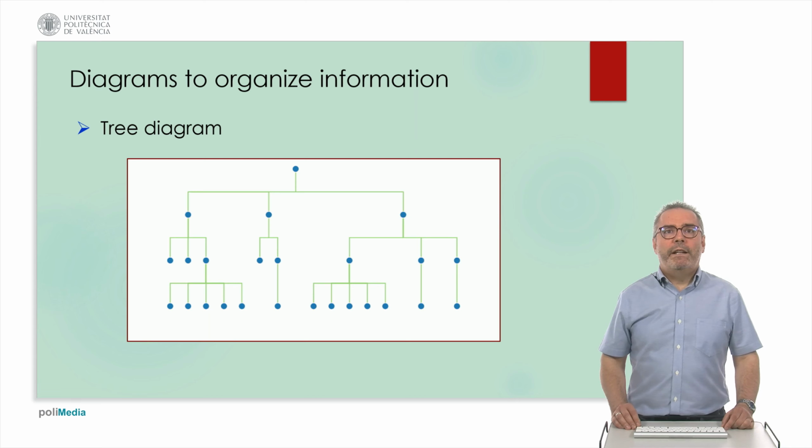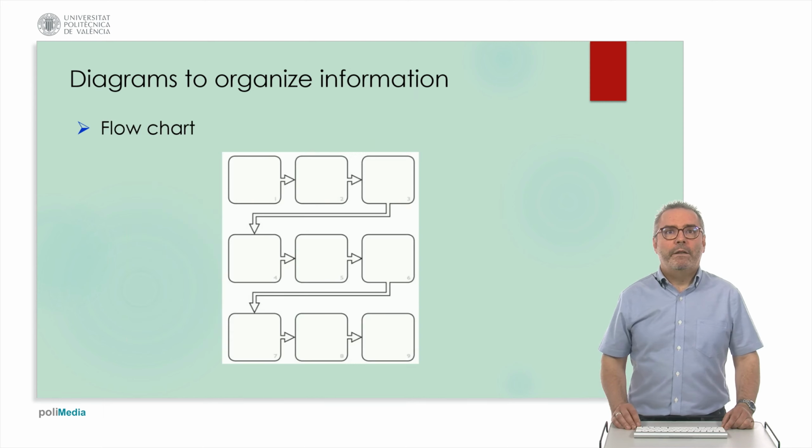Let's start with tree diagrams. They organize information as in the branches of a tree, metaphorically. On the other hand, flowcharts organize information as a sequence of different stages, for example, of a process. And we use arrows to organize this information.